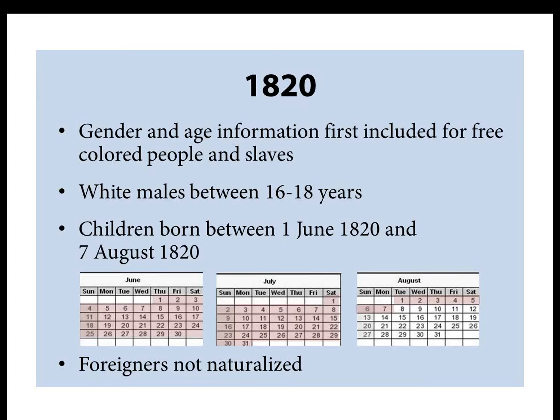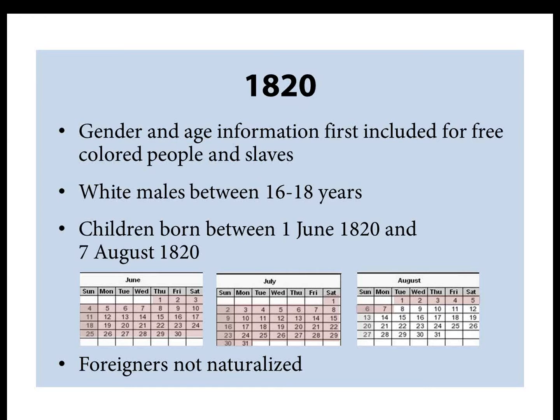While this doesn't seem significant, if your ancestor was born in that 2 month and 1 week period, then you can narrow down their birthday to that very specific time. So just something to keep in mind going forward.